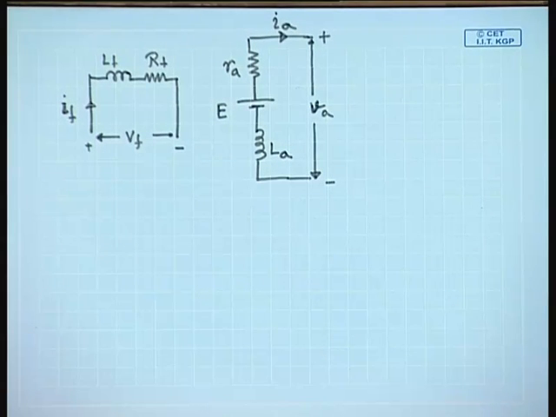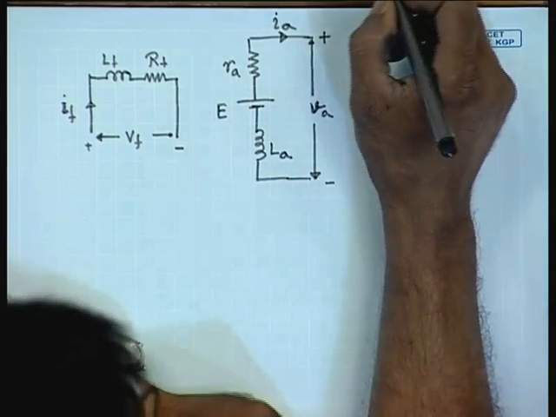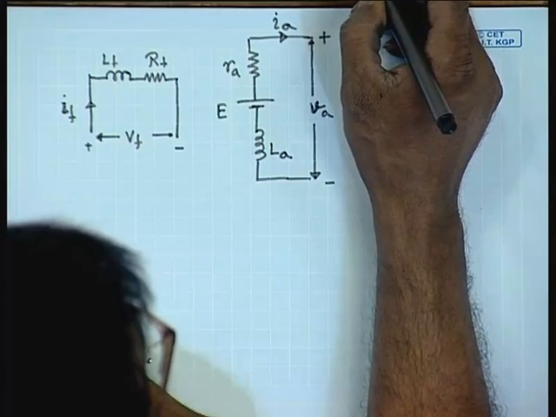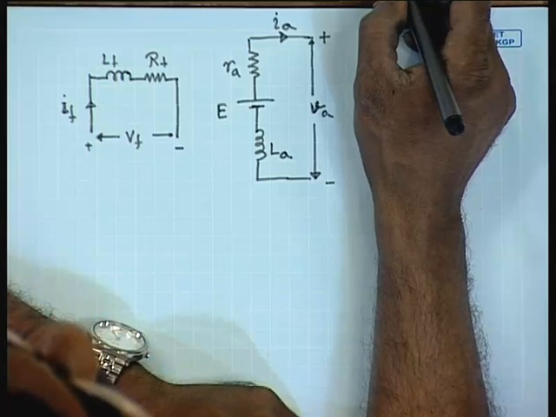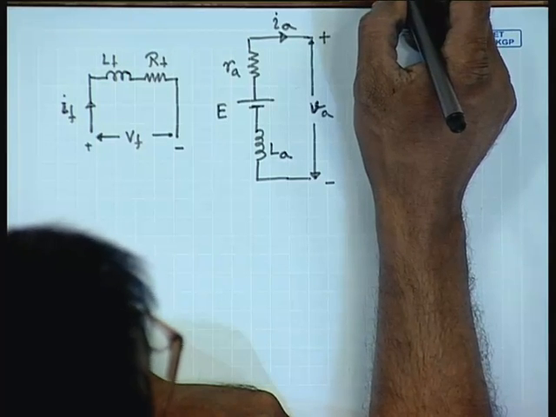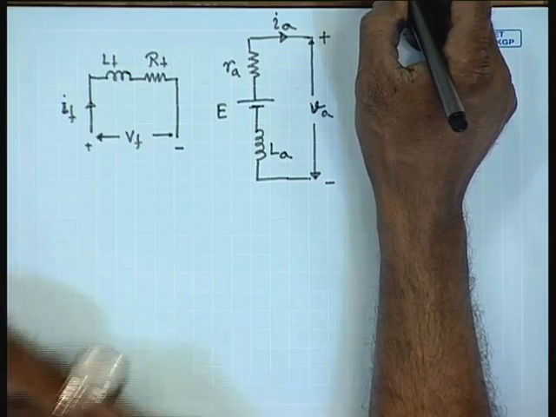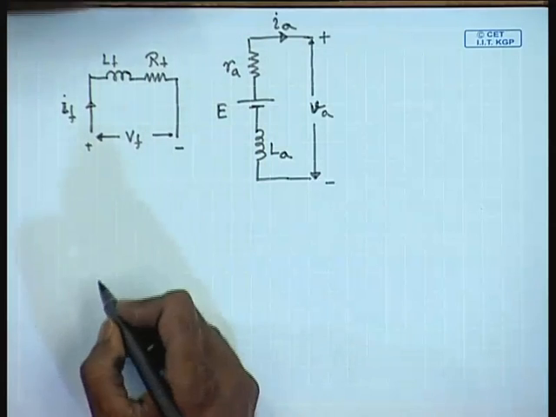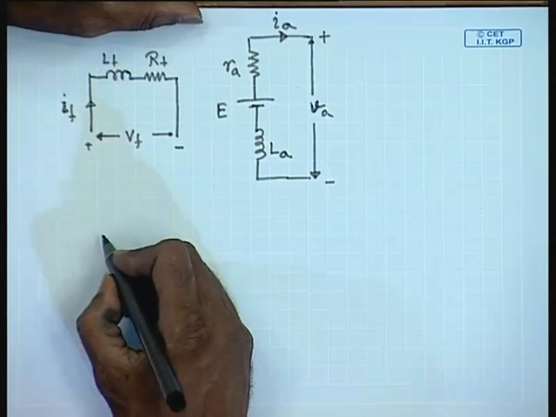For steady state operation, the currents IA, VA, IF, VF are all DC, therefore, the inductances do not play any role in determining the steady state behavior of a DC machine.